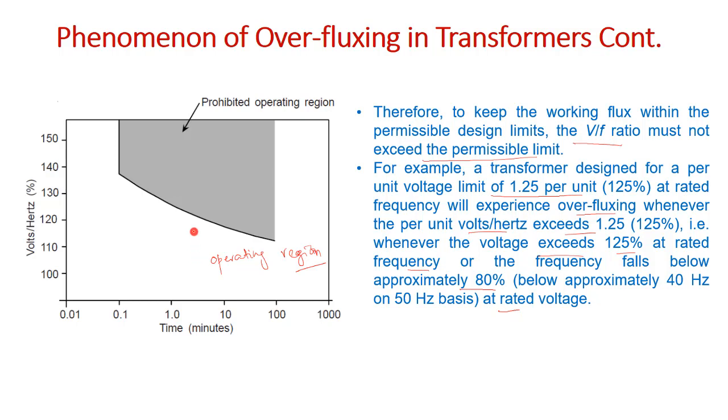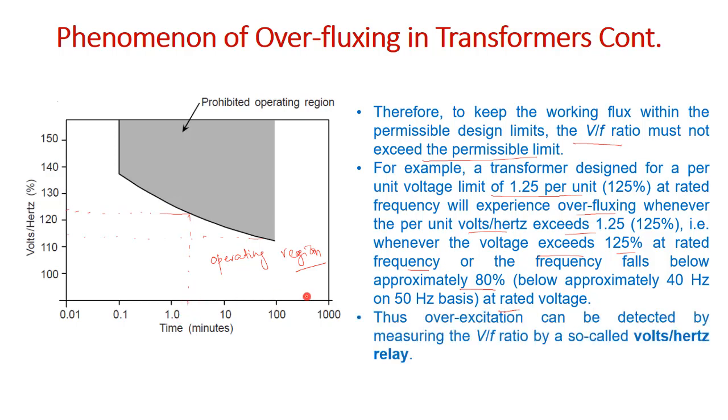So from this we can find the limits for different operating conditions of the V by F ratio, right. Like here we can see that for 125% V by F ratio, it can operate up to 3 minutes or 5 minutes, right, up to 5 minutes. Thus the overexcitation can be detected by measuring the V by F ratio by a so-called volt per hertz relay.